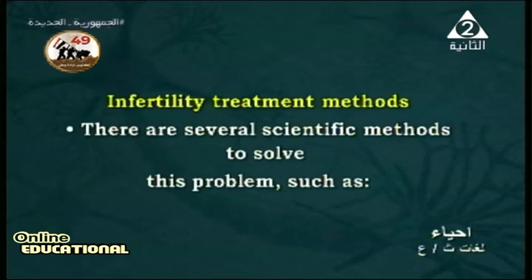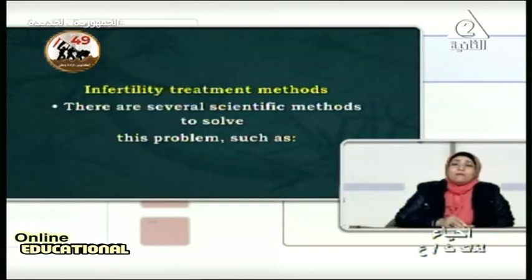These are also the infertility treatment methods. If there is infertility, there are several scientific methods to solve this problem. Infertility means the female or the male cannot have a baby.